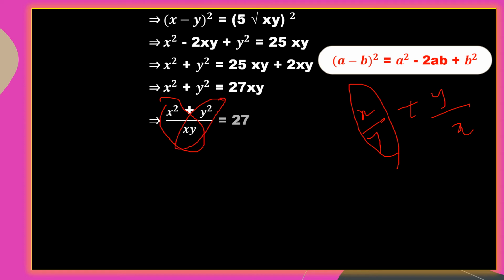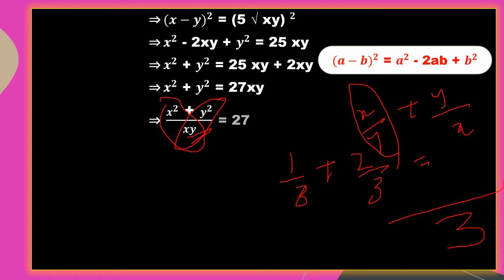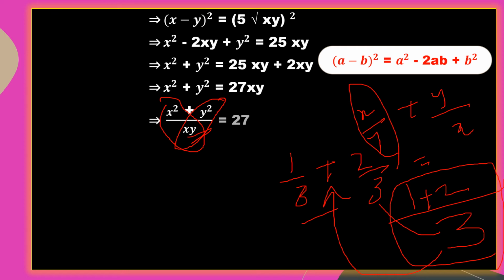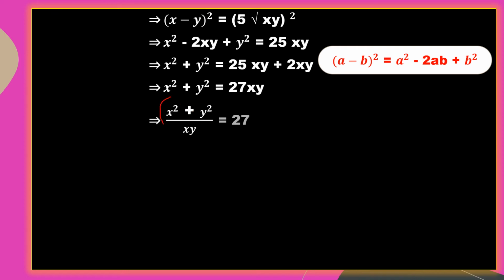After taking LCM only we'll get this, no? Suppose 1 by 3 plus 2 by 3 is there. Both the denominators are the same, so I get the same LCM 3. So 1 plus 2 by 3. I can write this as 1 by 3 plus 2 by 3. So I can give this xy to both of them.